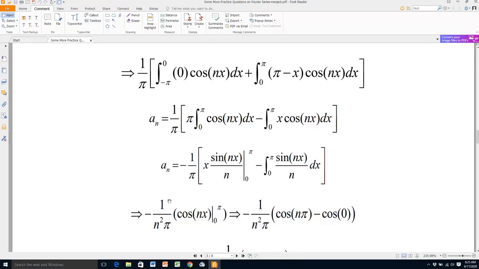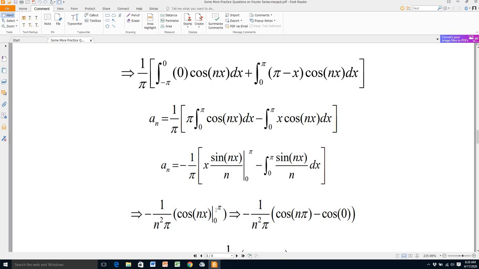On multiplying you get a negative sign, 1 over n square. Here when you integrate this you get minus cos nx divided by n. n is already here, so it becomes n square. So I take this n square outside, it becomes 1 over n square pi, cos nx from 0 to pi.